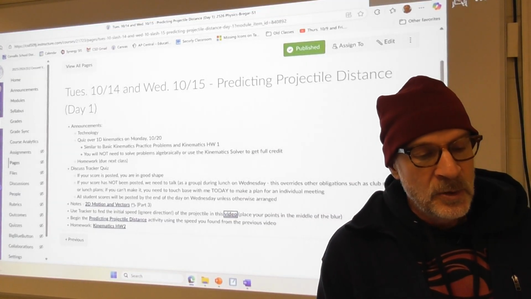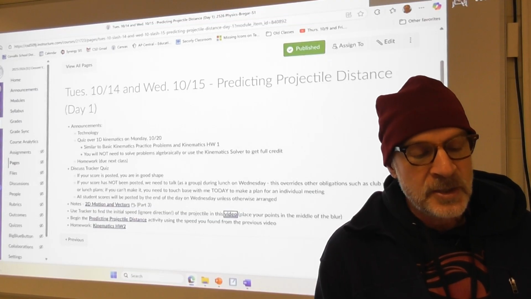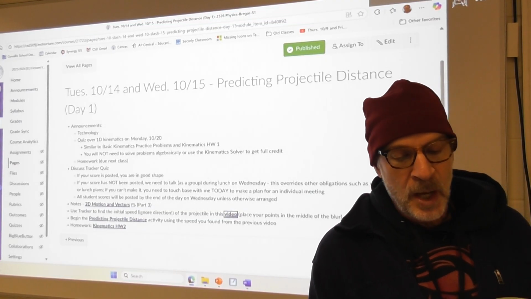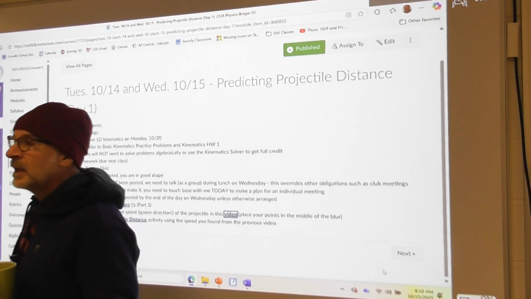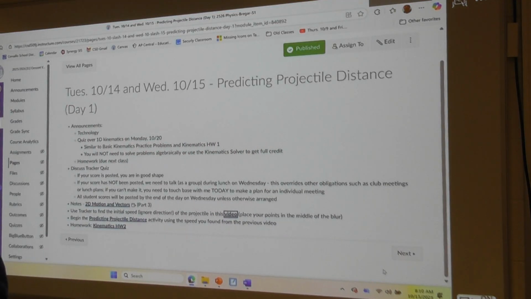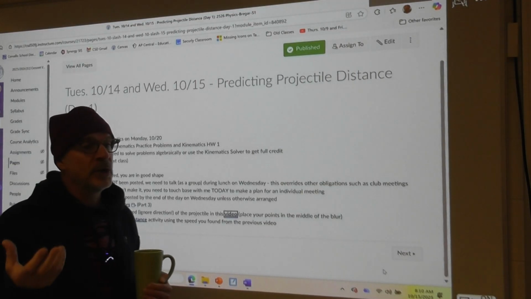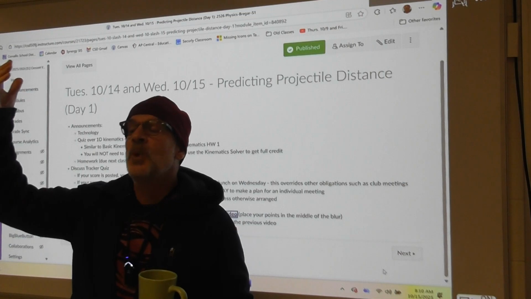And the quiz is not going to require you to either solve problems algebraically or get answers using the solver. In fact, you won't be able to use the solver at all. We'll have a practice quiz on Friday, and I'll talk more about it then. But basically what you're going to do is do all the physics.